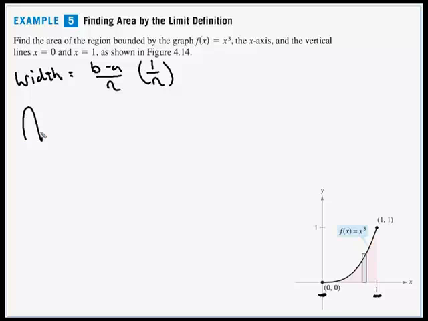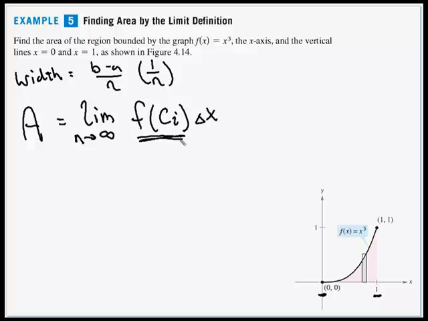And the area, using our limit notation, is going to be the limit as n approaches infinity of f of c sub i times delta x, where f of c sub i is just the height of the rectangle. We're plugging our endpoint into the function. That's going to be the height of the rectangle, and this is the width of the rectangle.